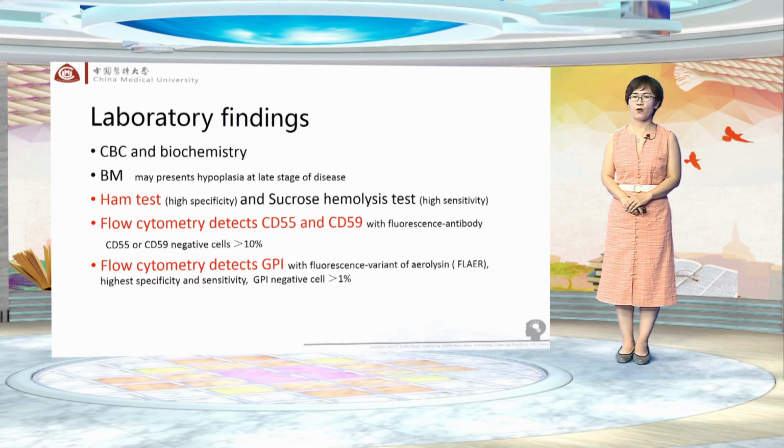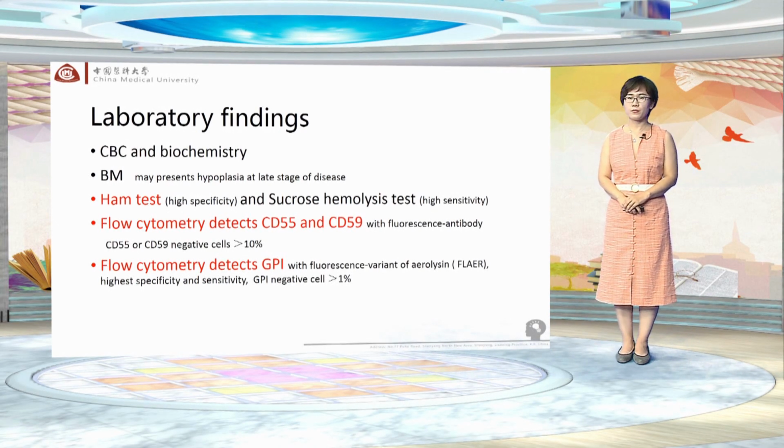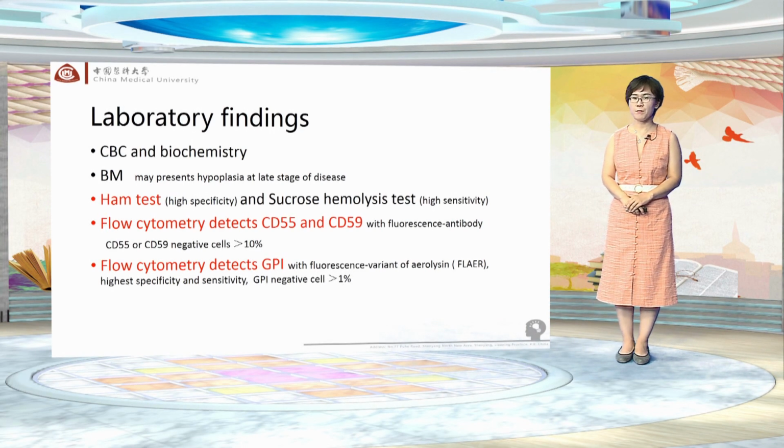They may be helpful for the diagnosis, but now have been substituted by flow cytometry. Flow cytometry detecting CD55 or CD59 negative cells with fluorescence antibody is usually used, mostly with 10% as the judging boundary.